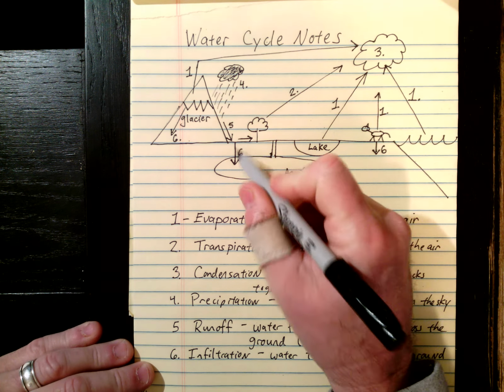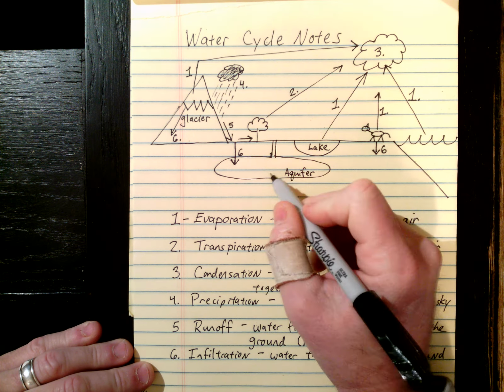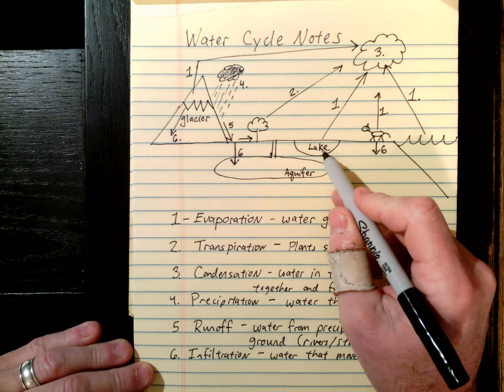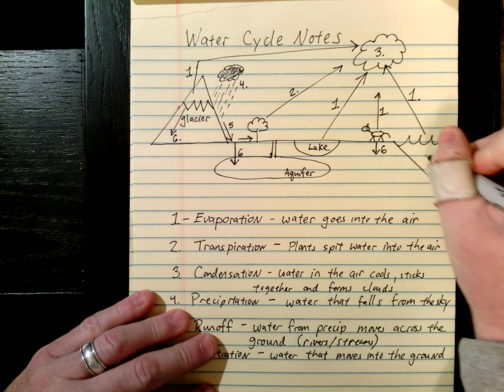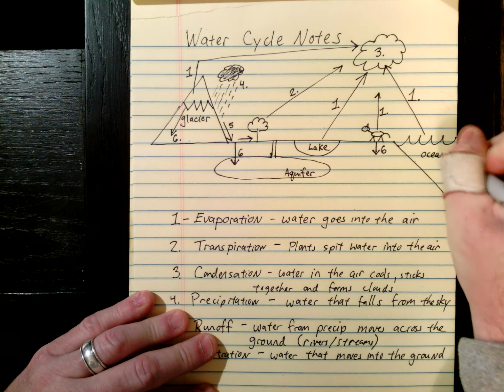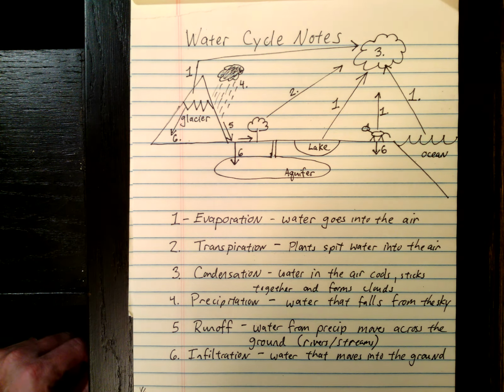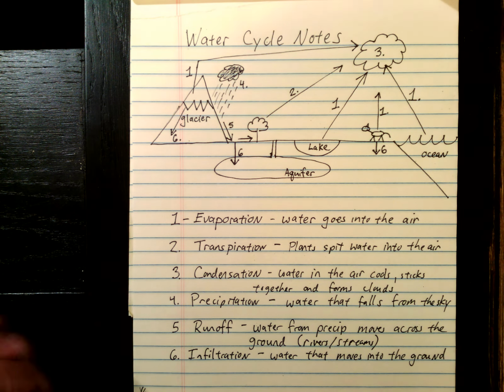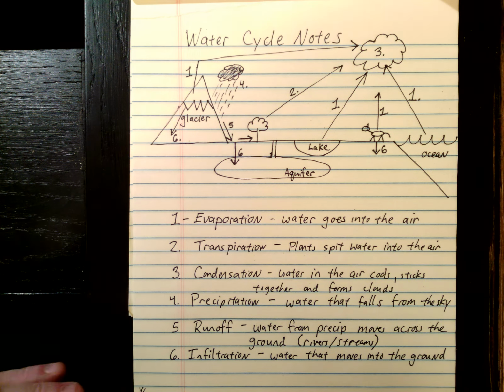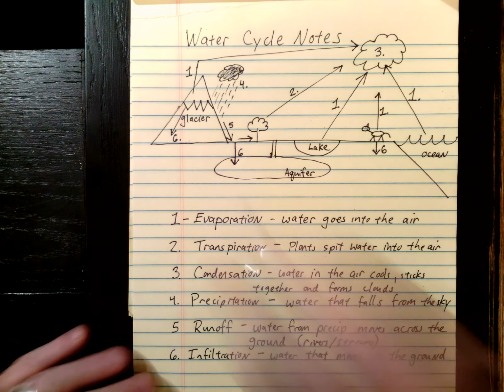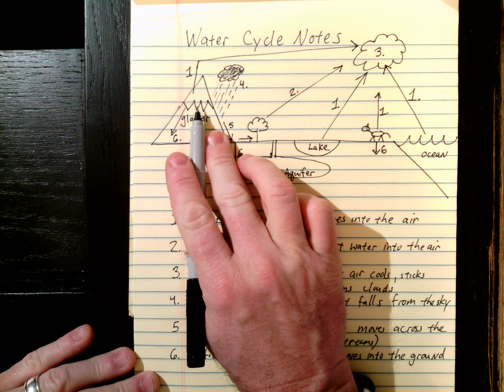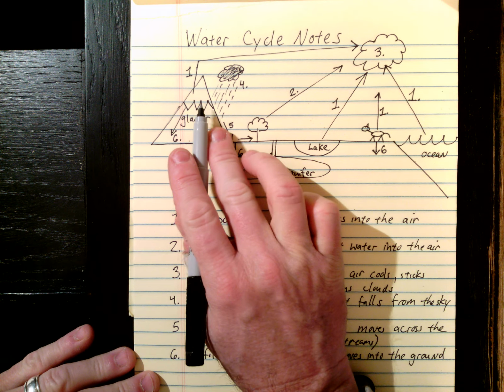So water gets underground and it hangs out. Water on the surface hangs out in a lake, or it hangs out in the ocean. Now, there's something that a couple of these places have in common. A glacier. The water in the ice is just sitting there.